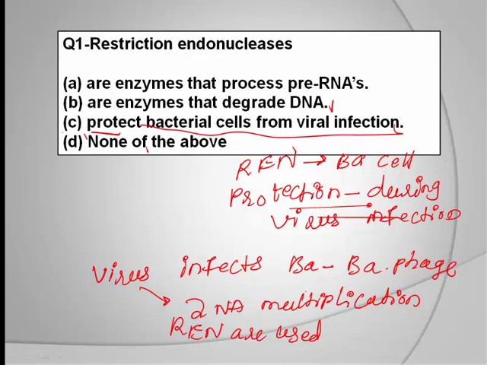So REN are present in the bacterial cell and they provide protection when they are infected by bacteriophages. And these nucleases prevent the DNA multiplication inside the bacterial cell. So C is the right answer.